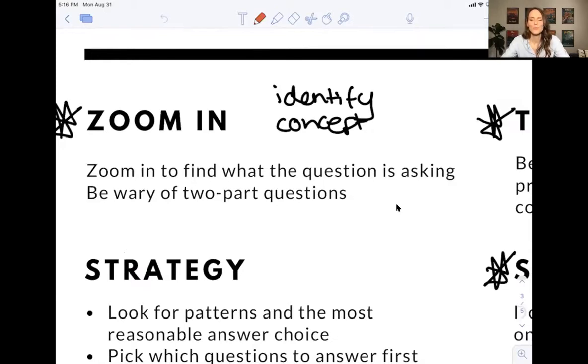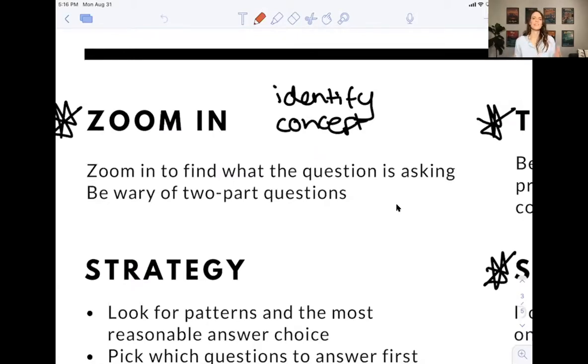Sometimes we can accidentally select the wrong answer if we solved for X, but the question really asked for Y. Or we solved for X, but the question really asked, what does 3X equal? And we just forgot to multiply X by 3. So we really want to be careful that we are answering what the question was asking.